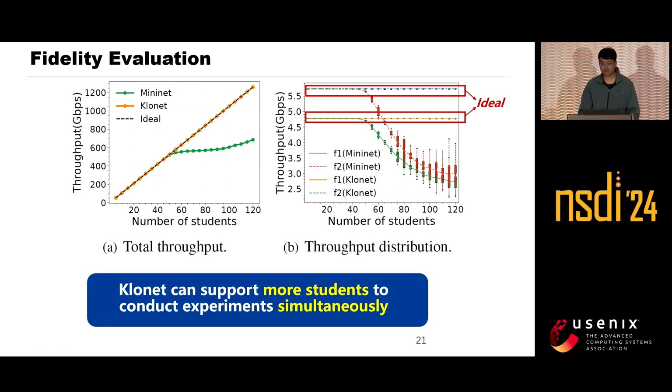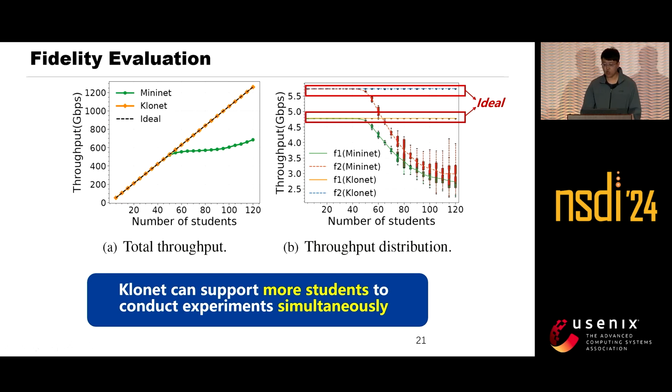We conduct an evaluation to test the fidelity of Klonet with multiple students. Specifically, we run multiple flows with the same preset throughput at the same time to simulate the process of multiple students doing the experiments at the same time.